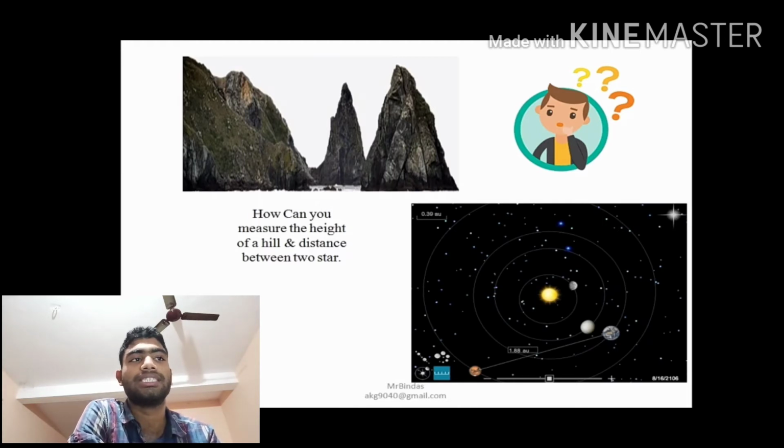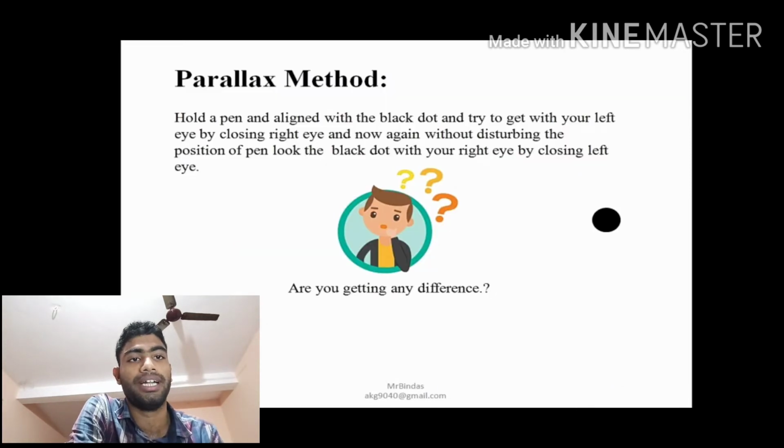Is there any measuring system available to measure these things or not? So many questions arise in our mind about how we can measure these things. To measure these very long lengths, we have a technique, that is the parallax method. So we'll discuss that.